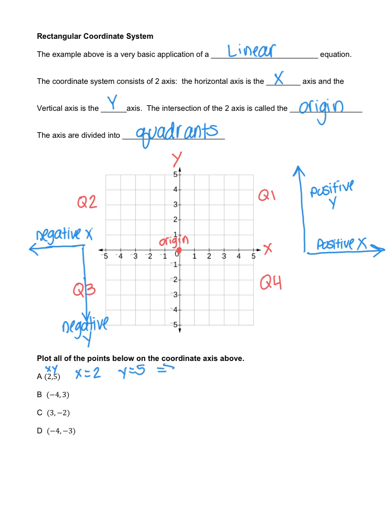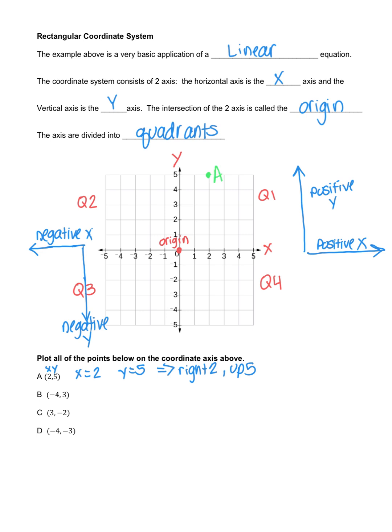So we know that is going to be right 2 and up 5. So we're going to go to the right 2, 1, 2, and then we're going to go up 5. And we will plot our point right there, and that is point A.